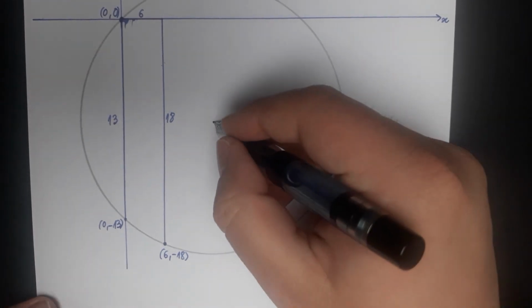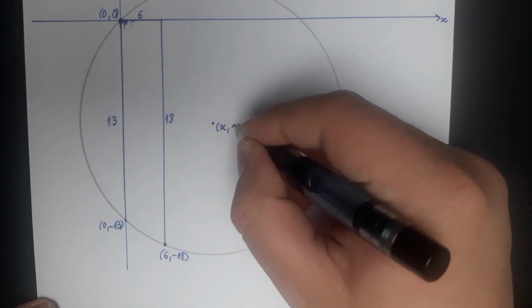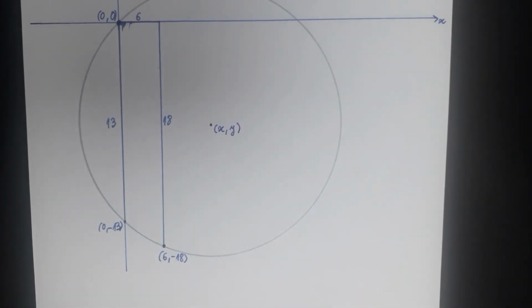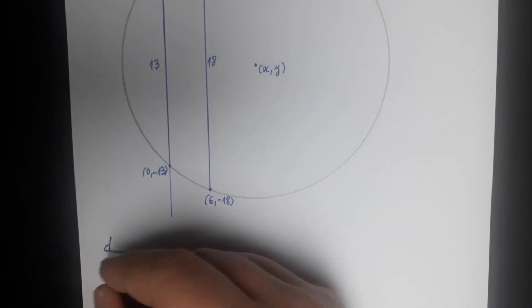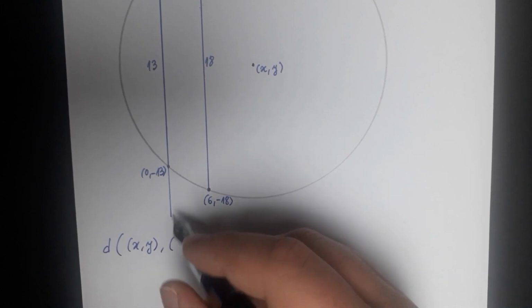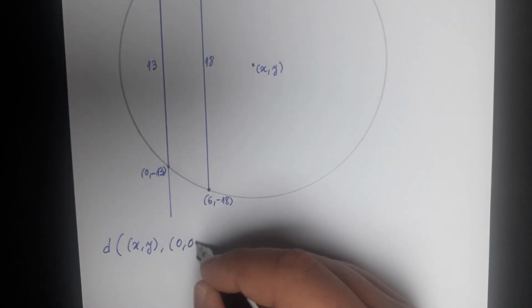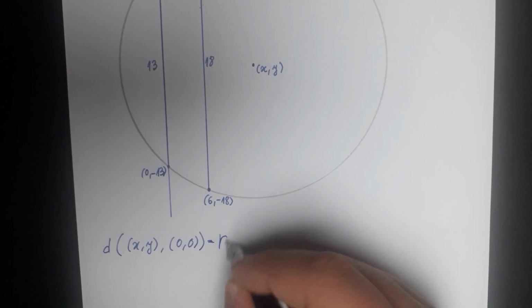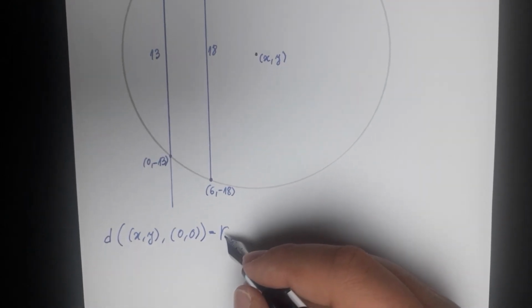Let's say that the center of our circle is at dot x, y, which we don't know the coordinates of at the moment. The distance from the dot x, y to the origin of our coordinate system 0, 0 is equal to r as a radius.